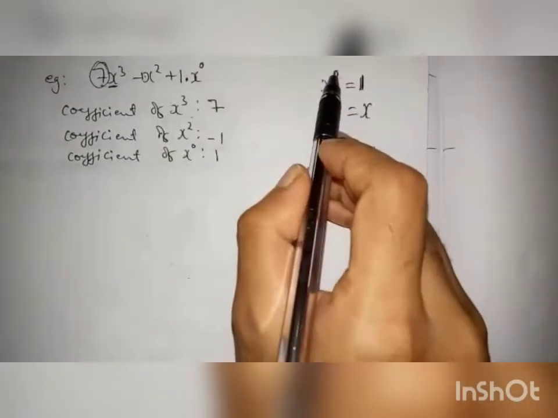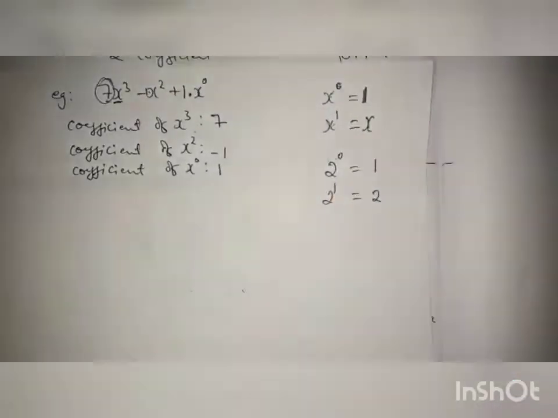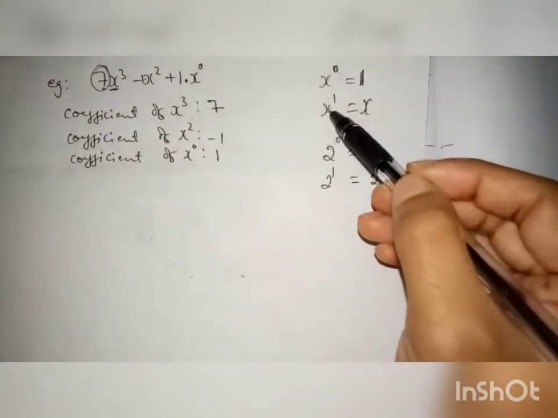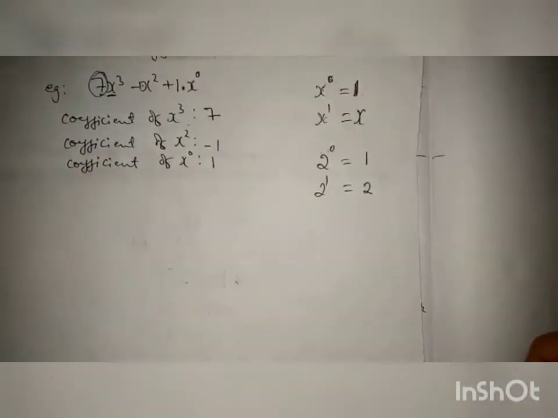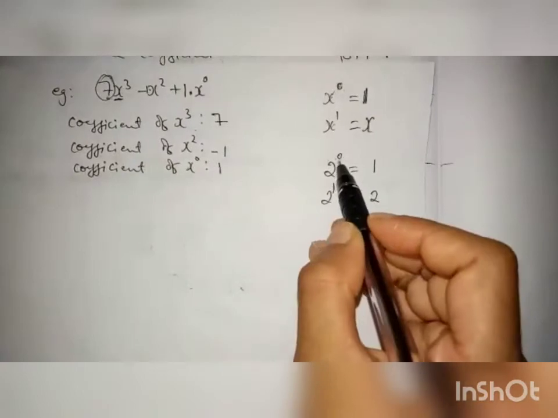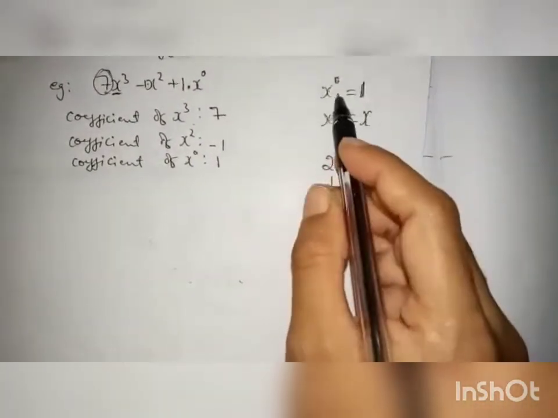So if you have 0 as the power for a variable or constant, the value will be 1. And if you have 1 as the power, the answer will be that variable or constant itself. Understood?